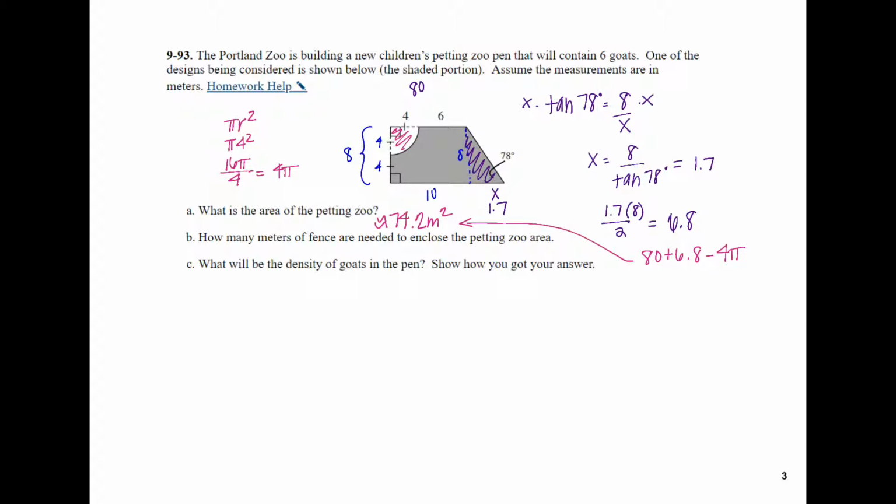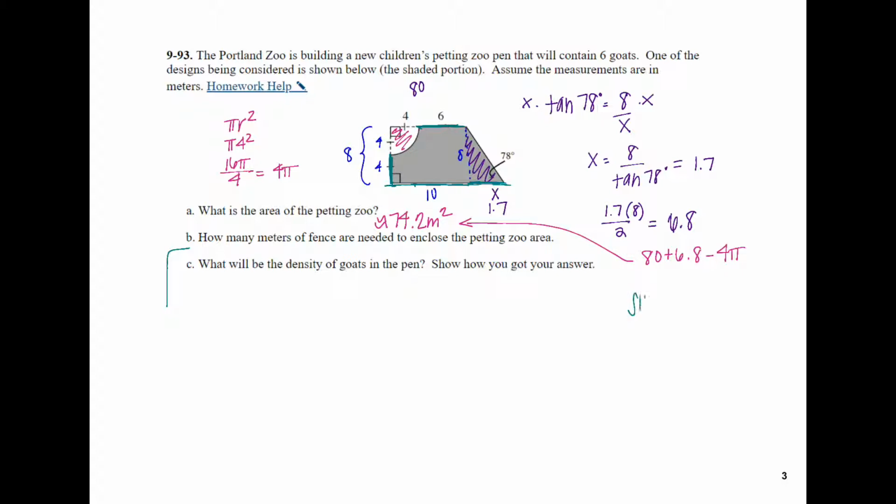How many meters of fence are needed to enclose the petting zoo area? So the fence is going to be the perimeter. So we know here we have 4 plus 10 plus 1.7 plus 6. We need to find the hypotenuse of our triangle, which we can use the Pythagorean theorem, or we could use opposite over hypotenuse, which is sine.